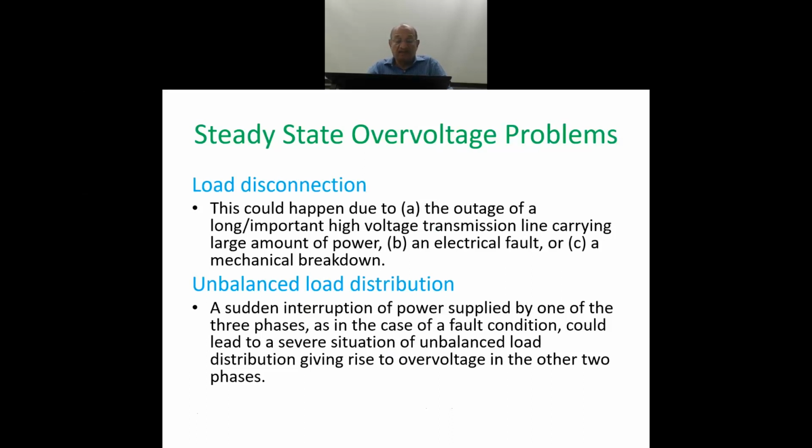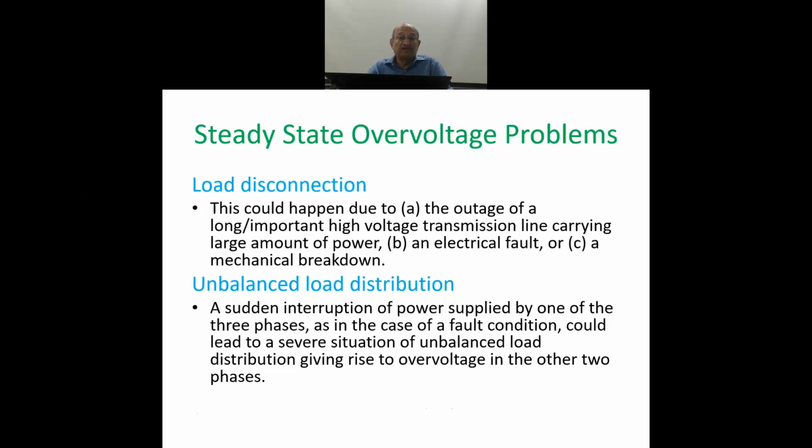As in a fault condition, the fault happens in one of the three phases, and that phase is immediately disconnected or opened. When no power is applied in that phase, that is a single phase fault, you can say. In that condition, it could lead to a severe situation of unbalanced load supply.